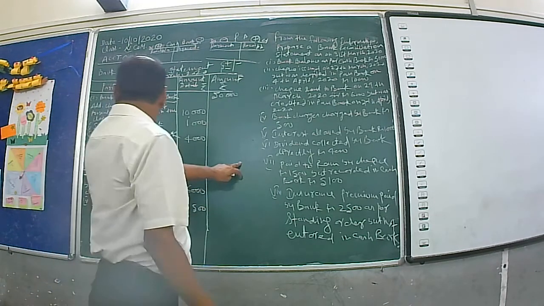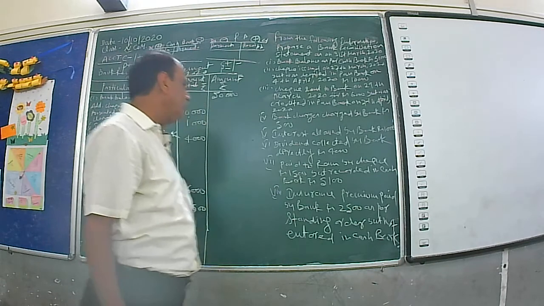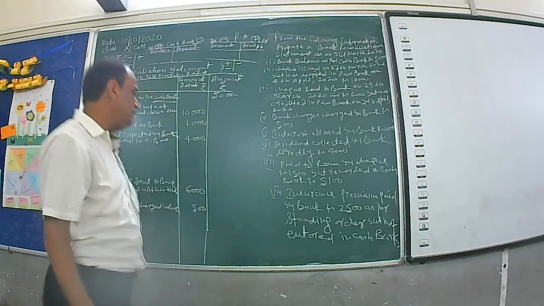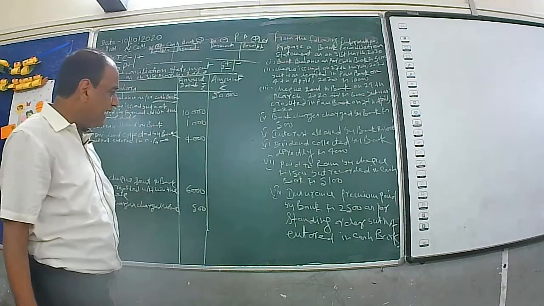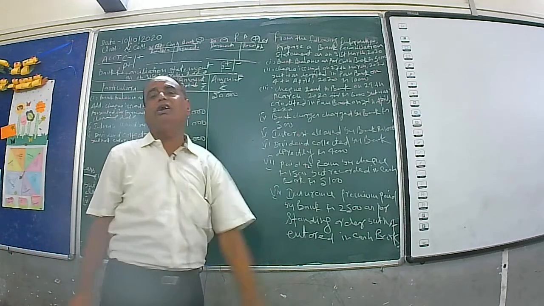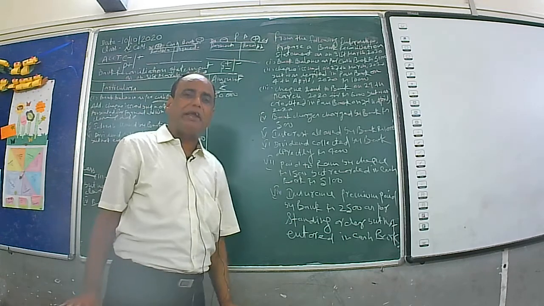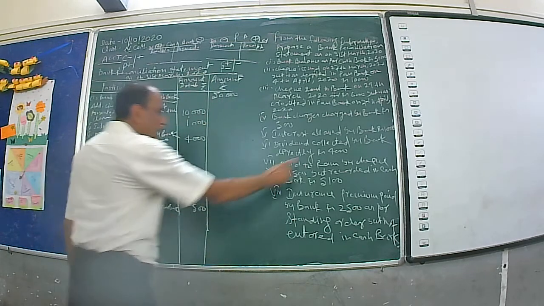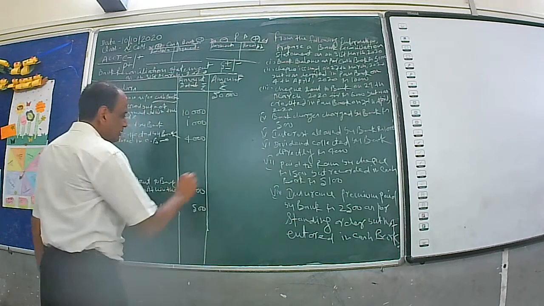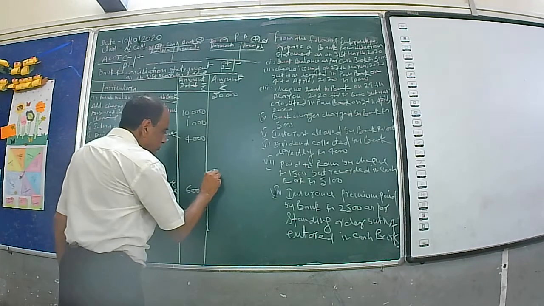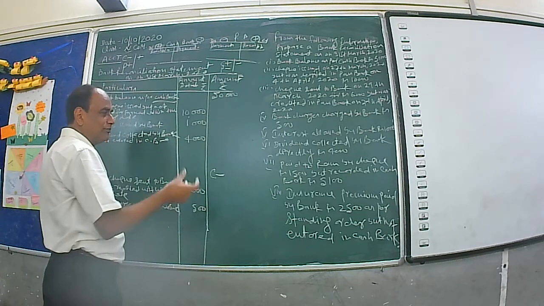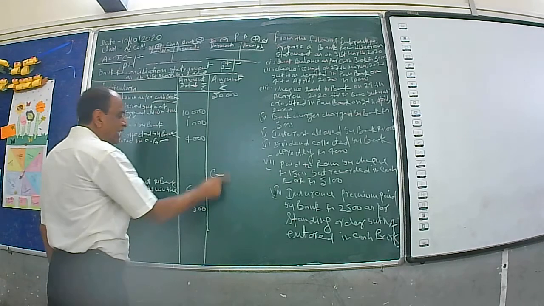See number 7. Paid to ROM by check rupees 1,500, but recorded in cash book rupees 5,100. The accountant has committed a mistake. When you pay any person by check, you will deduct from the cash book.